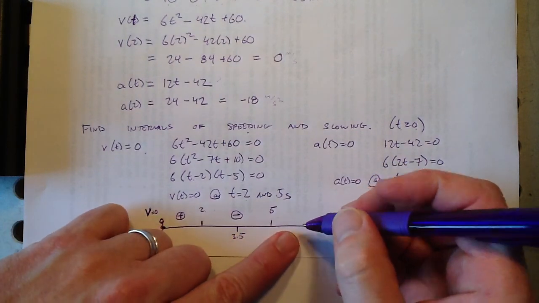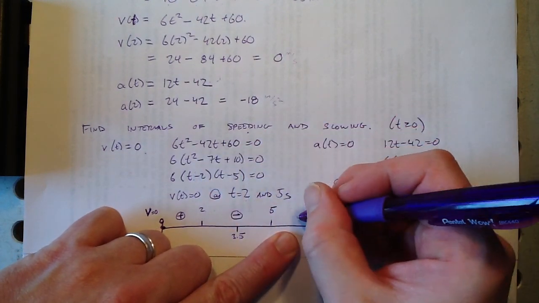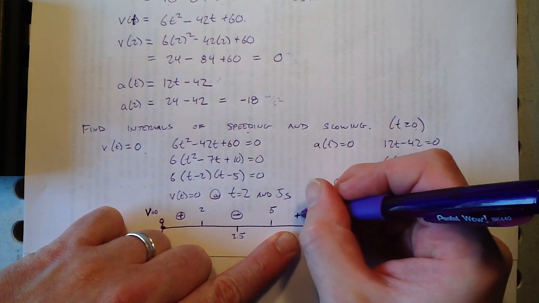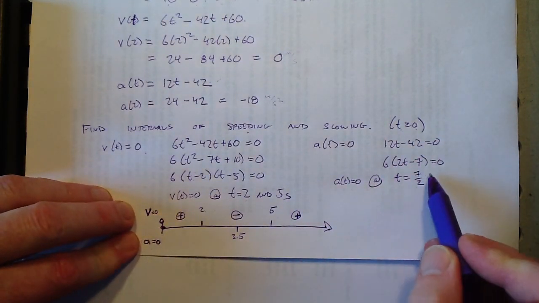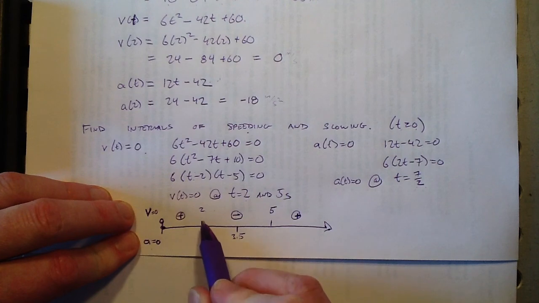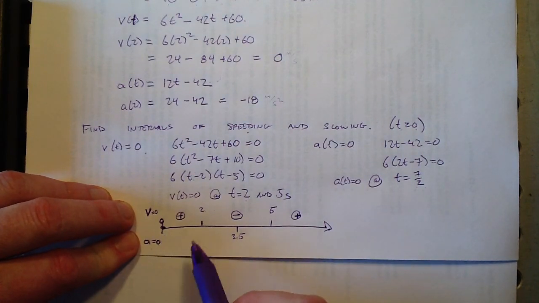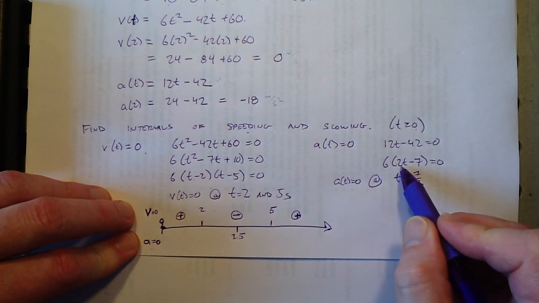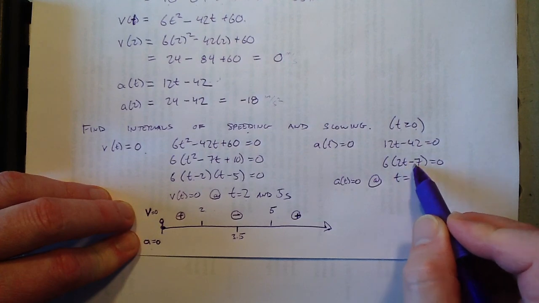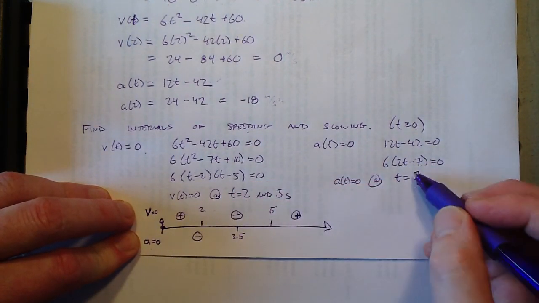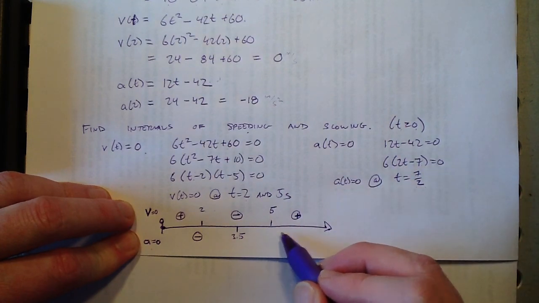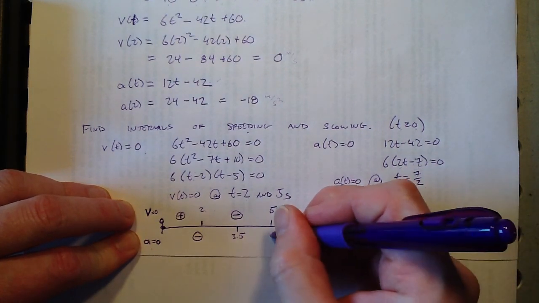And at a value above 5, like 6, they're both positive. Now, in the bottom, my acceleration, if I pick a value in between 0 and 3.5, like 2, plug it in here, I get 2 times 2, 4 minus 7 is negative. And then up here, put something like 5, then it's positive up here.